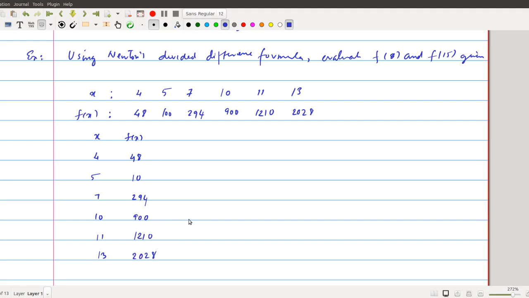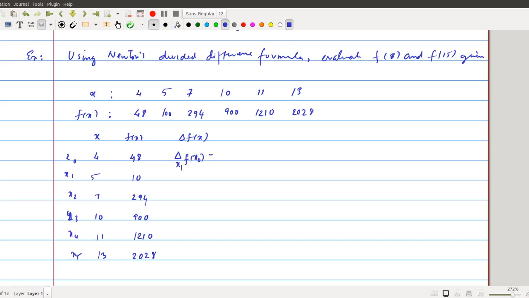Now we have to evaluate delta f of x. What is delta f of x? Here delta f of x is the divided difference. This is our x0, x1, x2, x3, x4, x5.